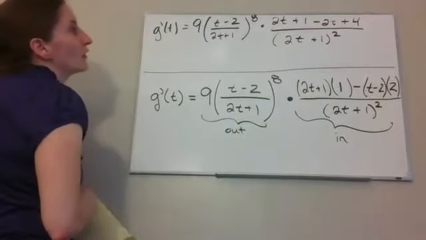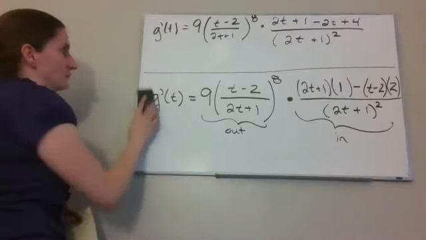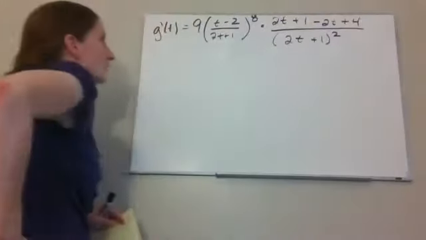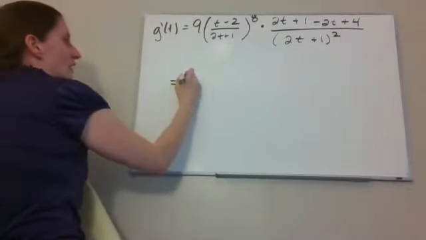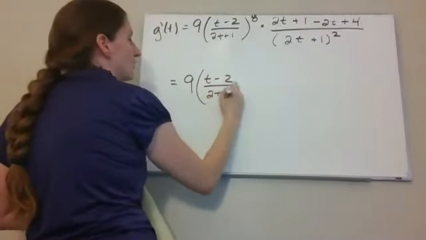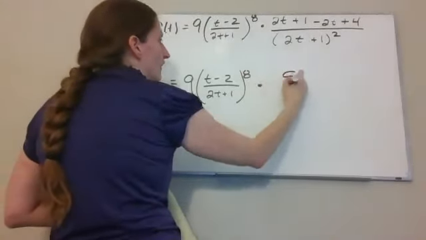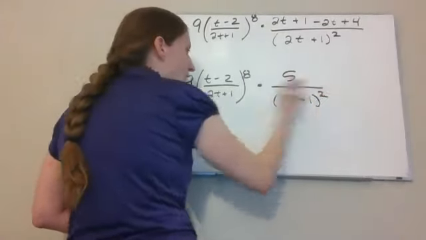So that numerator simplifies to just 5. So we get this derivative is 9 times (t minus 2 over 2t plus 1) to the 8th times 5 over (2t plus 1) squared.